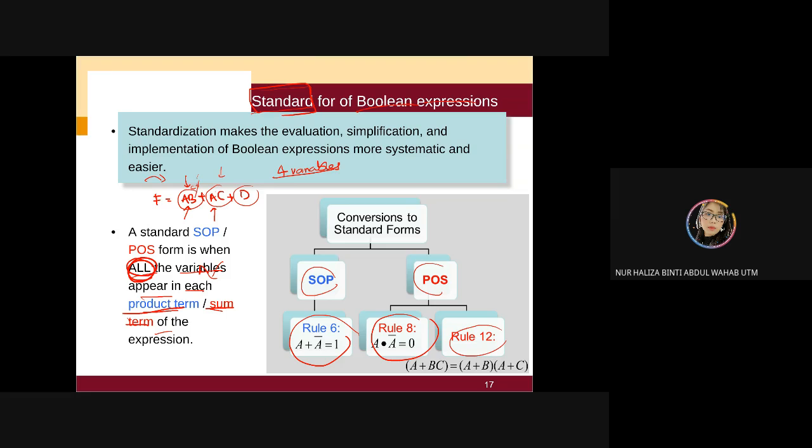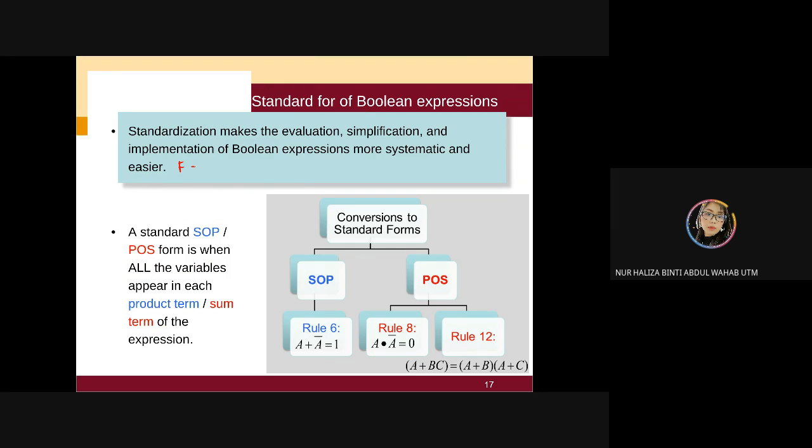Any step depends on the rules, whether it is SOP or POS. So let's take a look at what we can do if, let's say, we have this example. F equal to, I bagi sikit dulu, which is three variables. A plus AB plus C. Okay, I give this simple example.